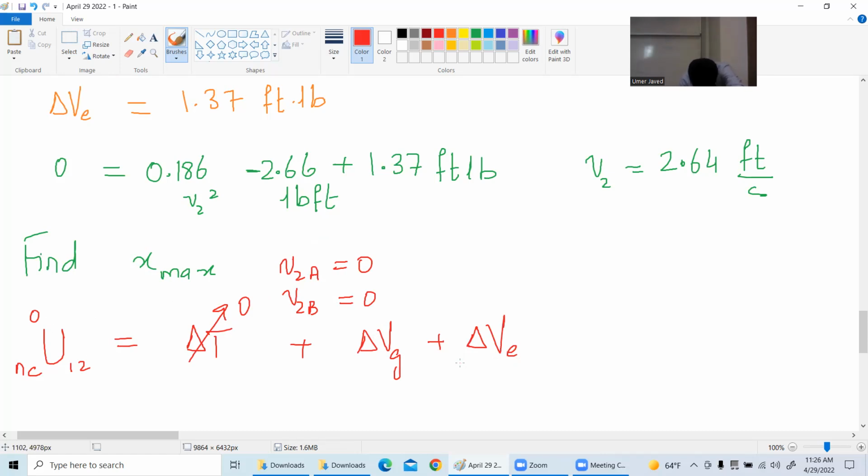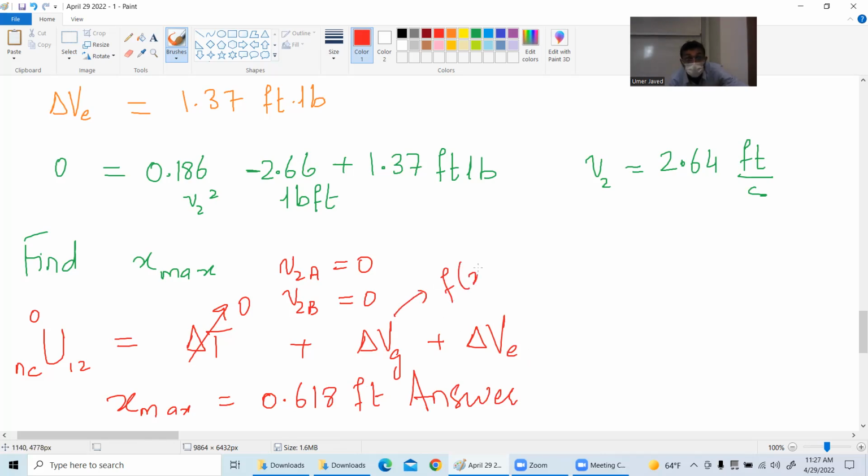So X max comes out to be 0.618 feet. You can double check yourself. That's the nice and beautiful answer. Because this will be a function of X max, this will be a function of X max. You can do it yourself.